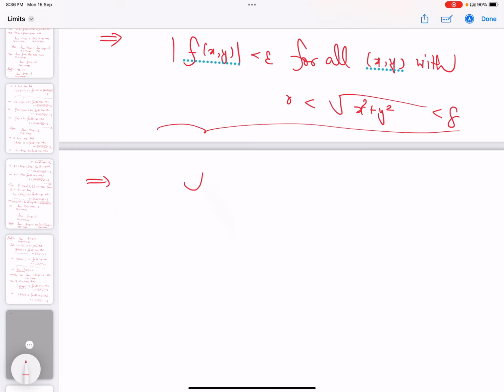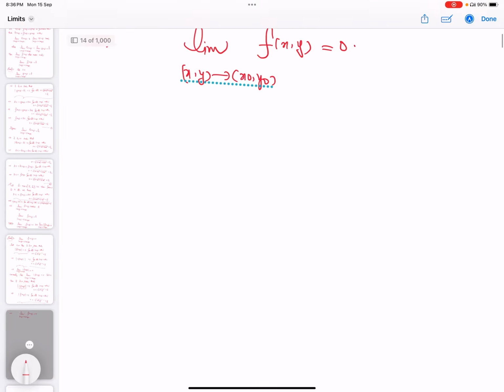The meaning of this is that the limit of f(x,y) is equal to 0.